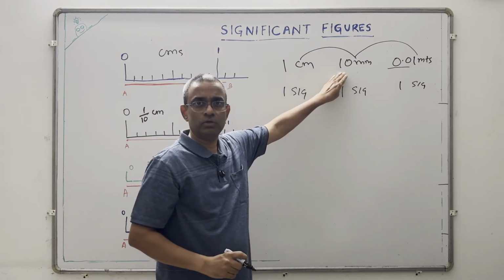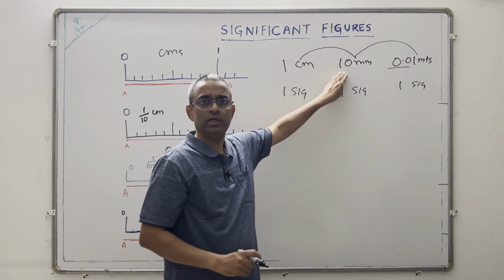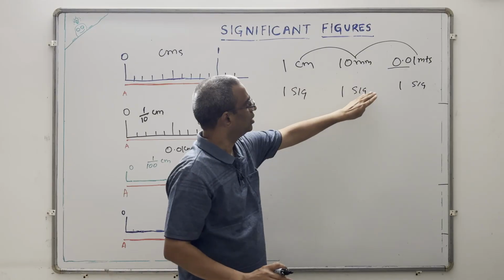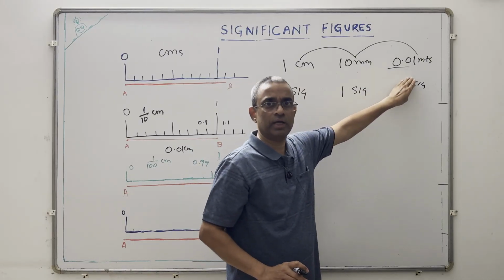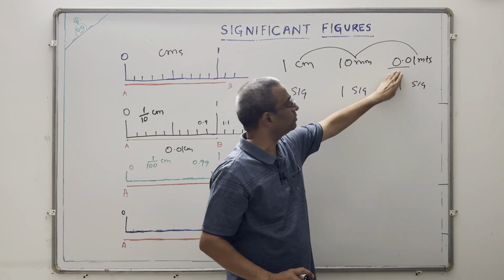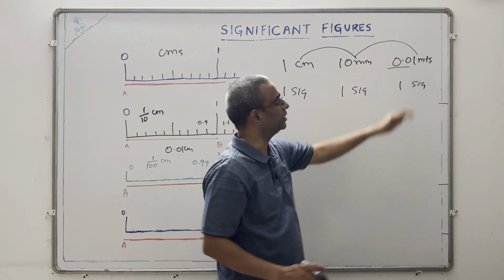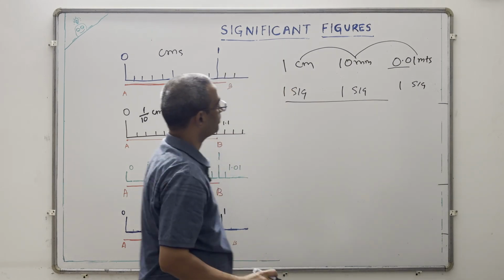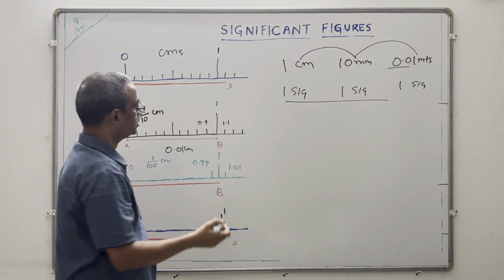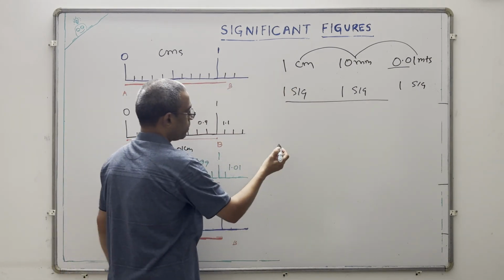All trailing zeros when there is no decimal will be ignored. All the zeros before a non-zero when there is a decimal and it is less than 1, all these will be ignored. So those are the two rules. The rest of the rules, there are 3 more rules.